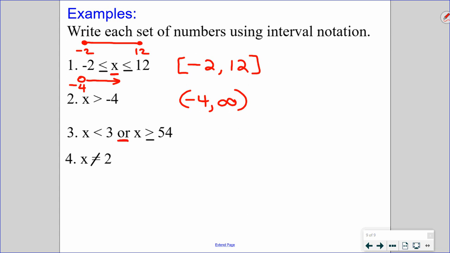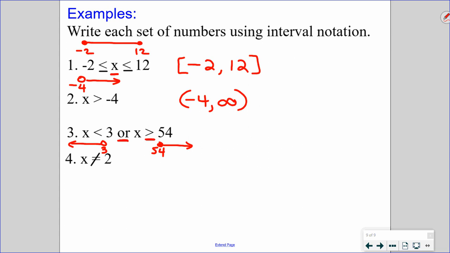So to represent x is less than 3, that would be an open circle, arrow pointing to the left. To represent x is greater than or equal to 54, that would be a closed circle, arrow pointing to the right. So in this case, we have to write 2 separate intervals, 1 for each inequality.